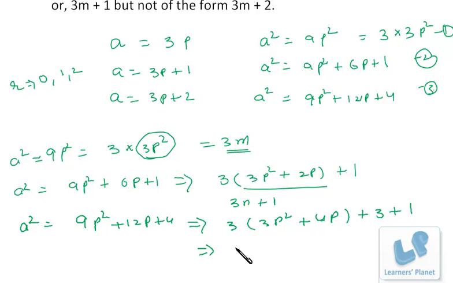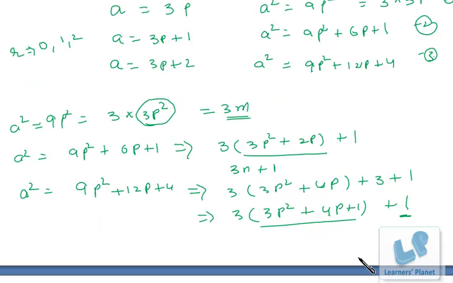So finally it is 3 times 3p square plus 4p plus 1, plus 1. Now this is also an integer and this is a multiple of 3. So if a square is divided by 3, the remainder will be 1, right? Because this portion is a multiple of 3, right? So here we got the remainder. I assume this to be another integer, maybe say x. So it is 3x plus 1, right?